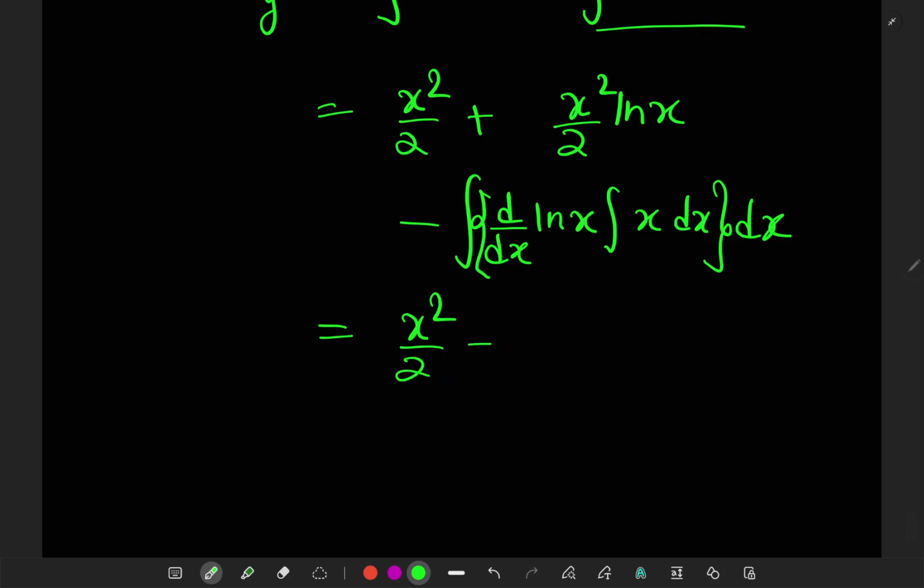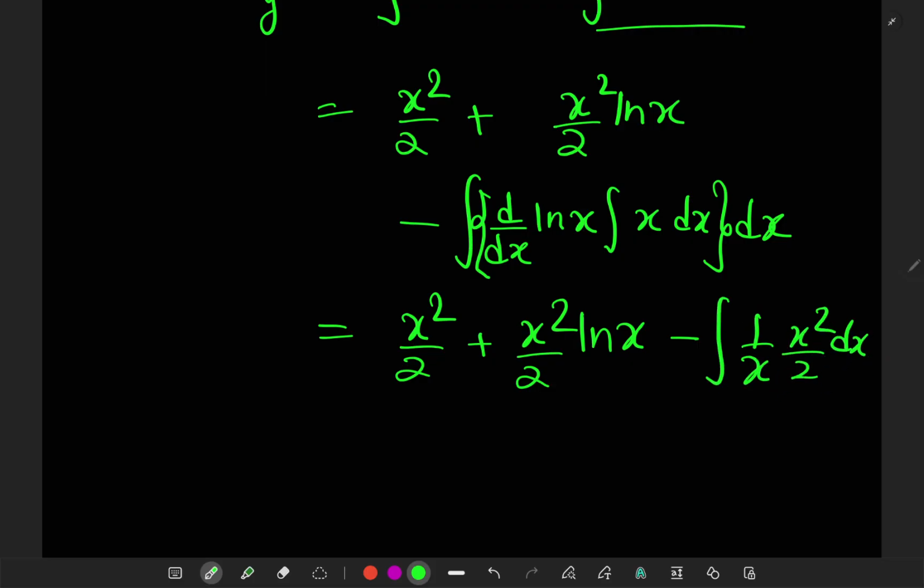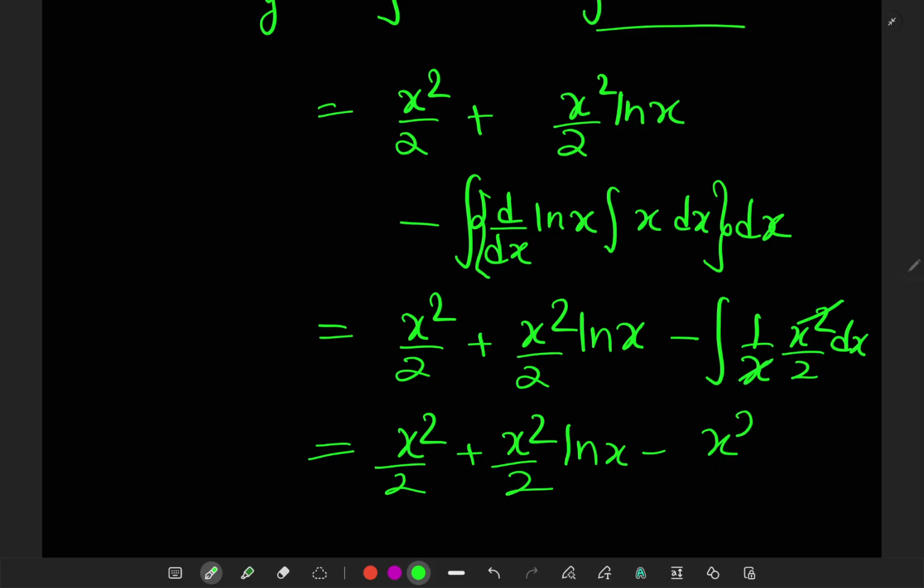Let's solve this. So it comes x square by 4 plus c.